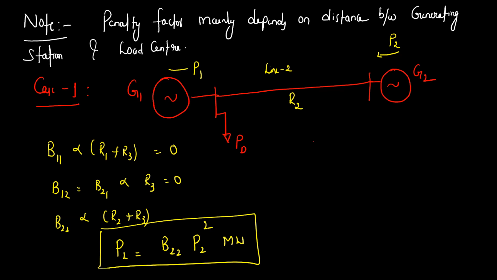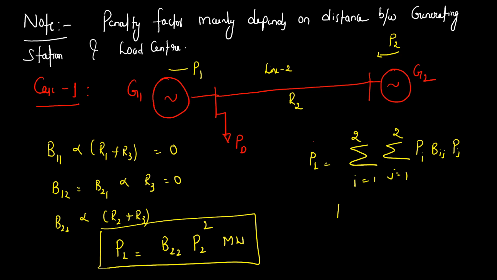If you substitute all these coefficients in this formula which we have recollected, PL is equal to the sum over i equals 1 to N, here in this case it is 2, and j equals 1 to 2, of Pi Bij Pj. So if you substitute in this, what are you going to get?